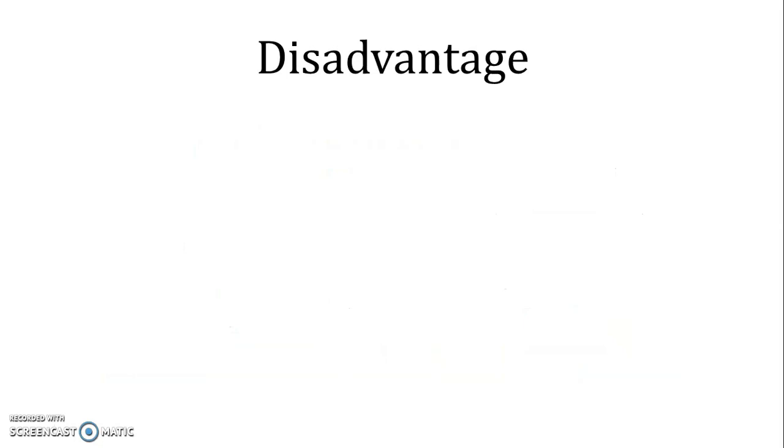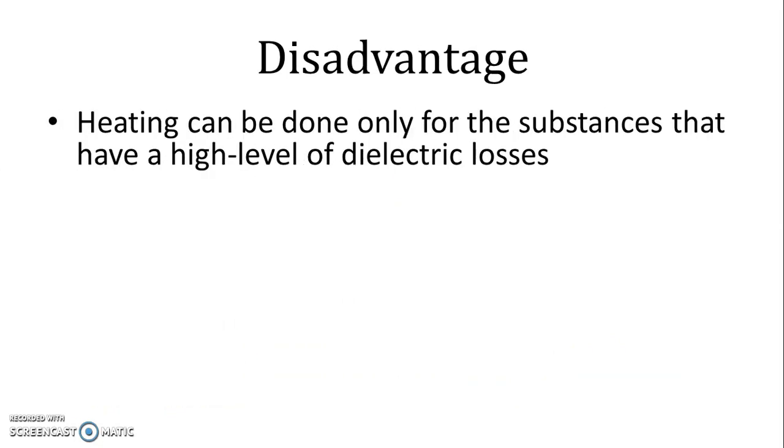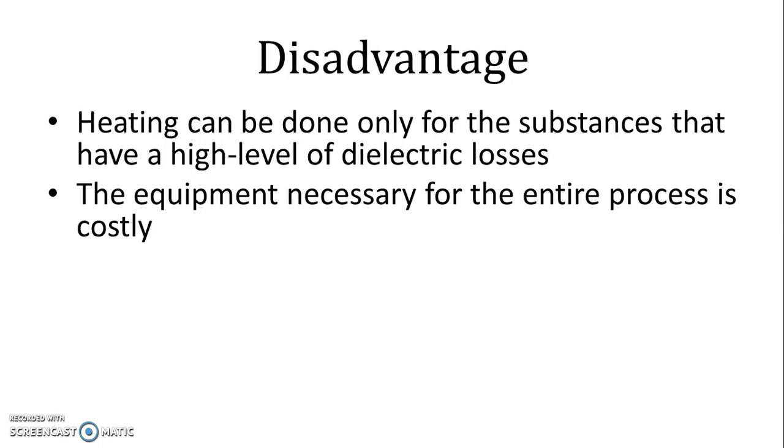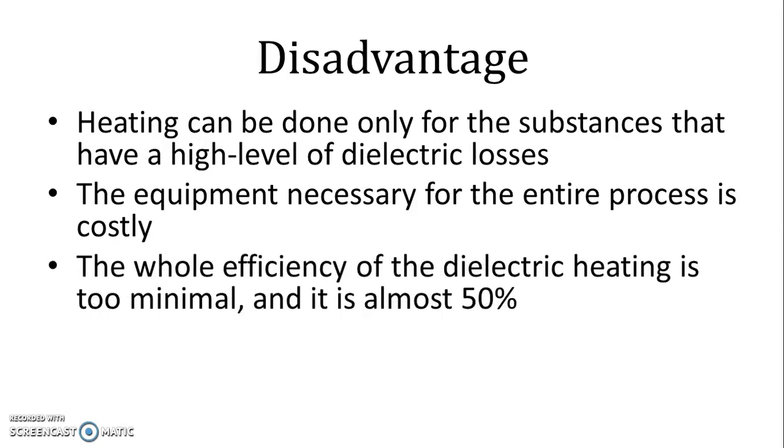At the same time, we will study certain disadvantages. Heating can be done only for substances that have a high level of dielectric losses, because the principle of dielectric heating is based on the dielectric loss. The equipment necessary for the entire process, like the radio frequency generator, is very costly.